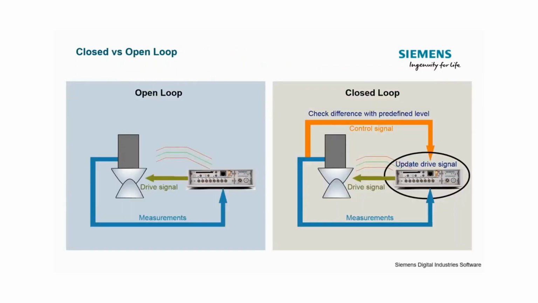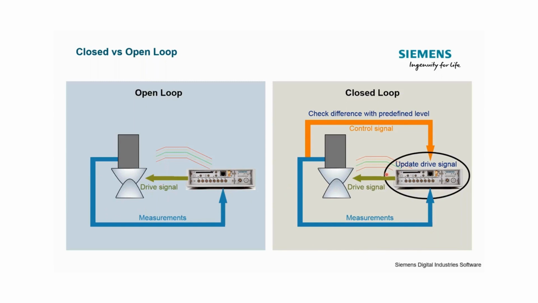Now, all of these tests are going to be performed in what's called a closed loop control environment. The difference between open loop and closed loop control is that in both cases, we have a target profile, we have a shaker, and we have a front end outputting that signal. But in the open loop control case, there's no feedback into the shaker. We're just purely outputting a signal and measuring what we're getting.